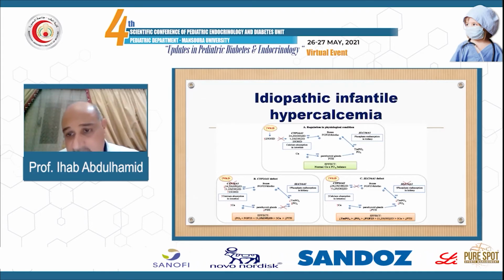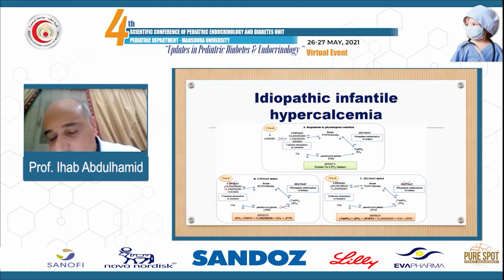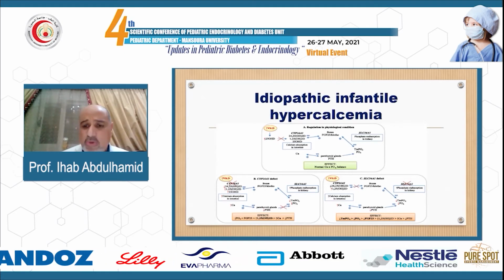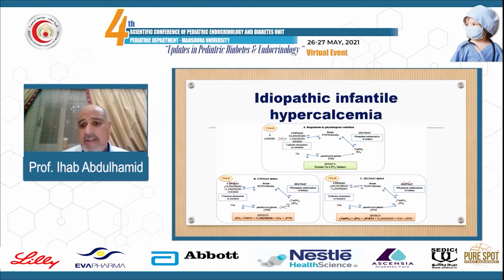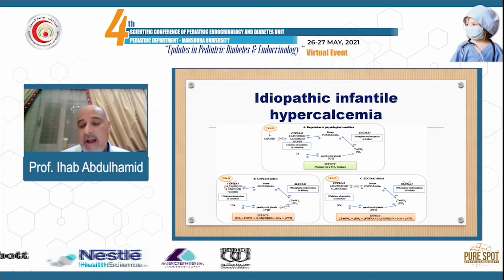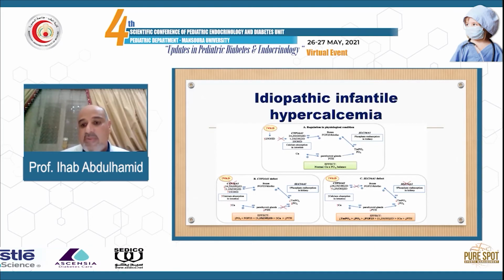The other gene mutation is the SLC34A1 gene, which is responsible for sodium phosphate co-transport in the kidney, and for reabsorption of phosphate. When this mutation is present, there will be no reabsorption of phosphate from the kidney, and so there will be hypophosphatemia and hyperphosphaturia.